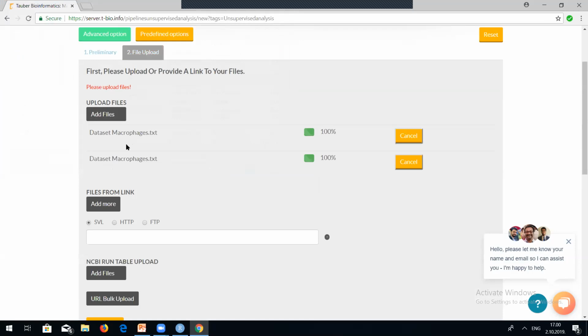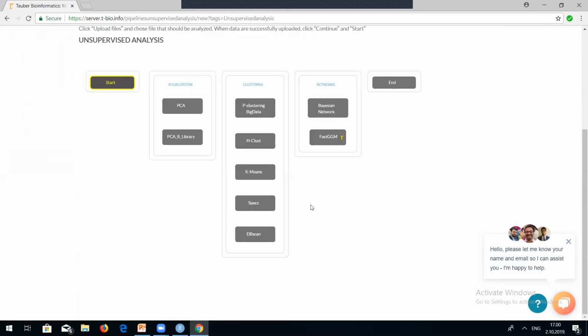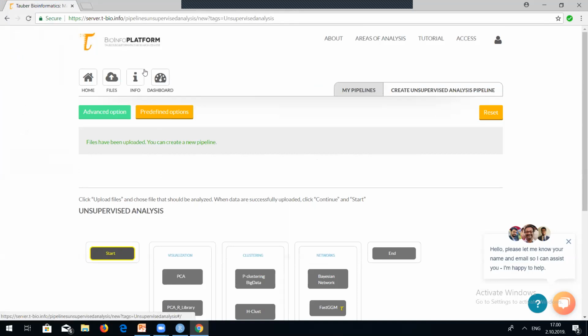It's called dataset macrophages. You'll see that two files have loaded, and if I try to run, it can't. It stopped. That's because you didn't wait for the interface info that was loading to finish.